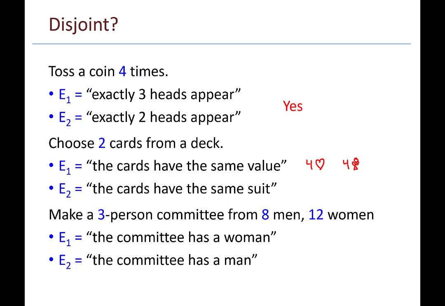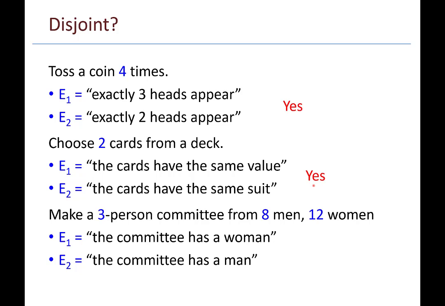There we go, my little drawing of a club. I can't have a 4 of hearts and a 4 of hearts because there's only one 4 of hearts. And similarly, if I had drawn 2 cards that were the same suit, say a diamond and another diamond, well, can't have the same number, so the two values would have to be different. So yes, these two events are disjoint.